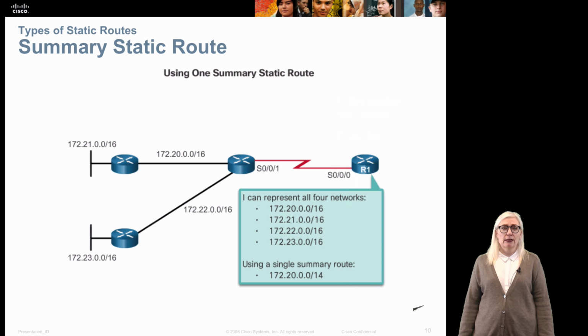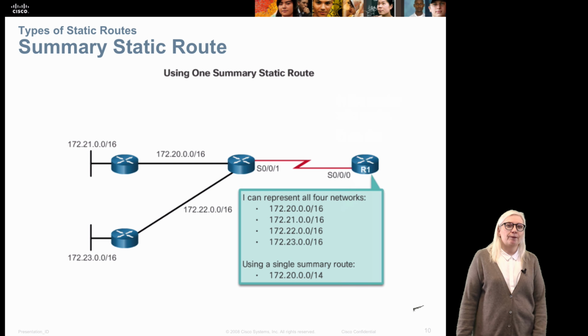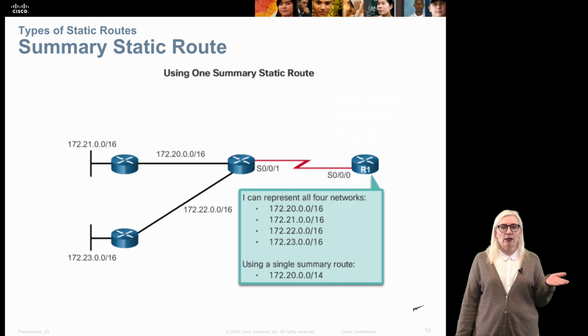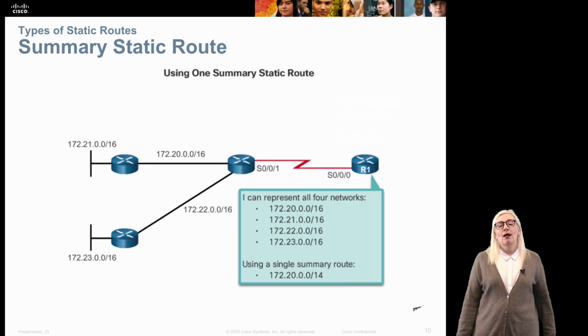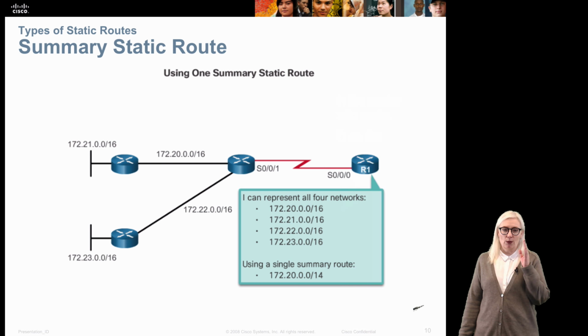A summary route, in the example here, I have behind router 1. I know there is a lot of different networks, all starting with 172 something something. I can add these networks to a summarized route, and I can advertise that in router 1 and make a static connection to that.